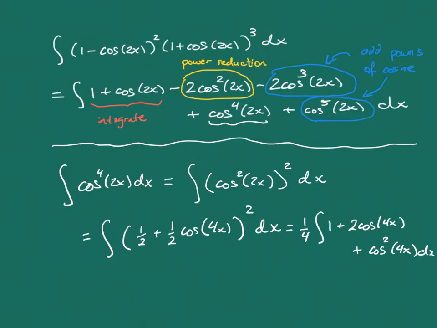And so again, what happens in this case, well, we're back to something that we can just do a direct integration from. And then we have another cosine squared of 4x. Well, one more power reduction formula for that. And if we do a power reduction formula for that, what happens?